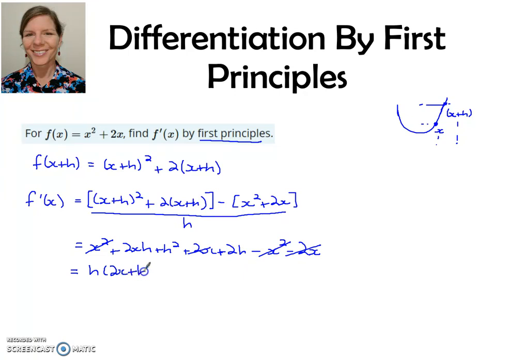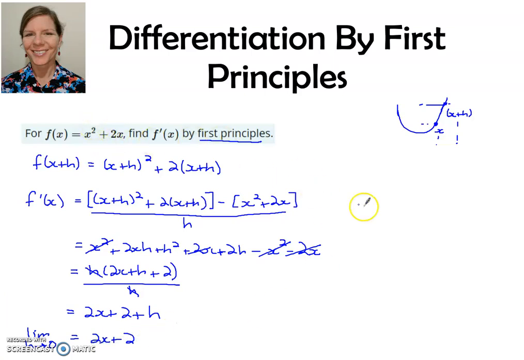That leaves us with 2x plus h plus 2. Sorry, not 2h, that h doesn't go, we factorise that out. So 2x from there, h and 2 over h, those cancel. What we're left with is 2x plus 2 plus h. And again, if we take the limit as h tends towards 0, then we get 2x plus 2.